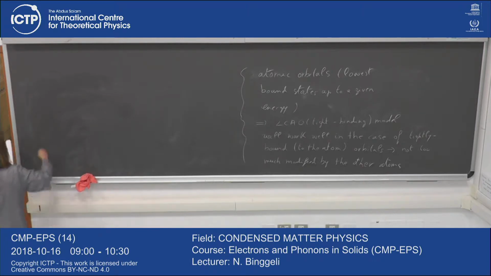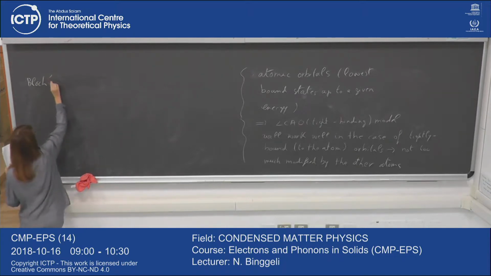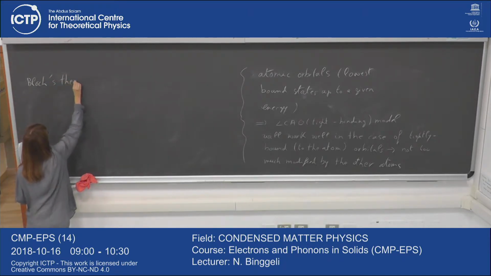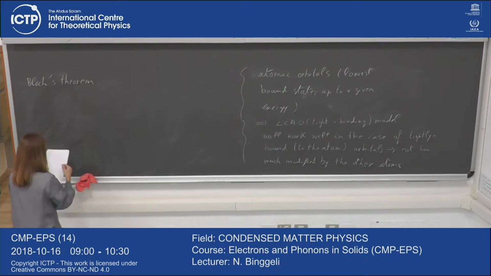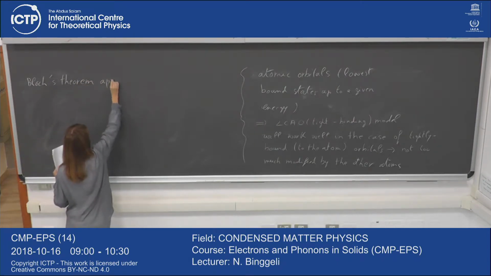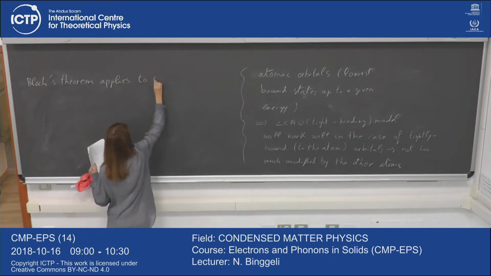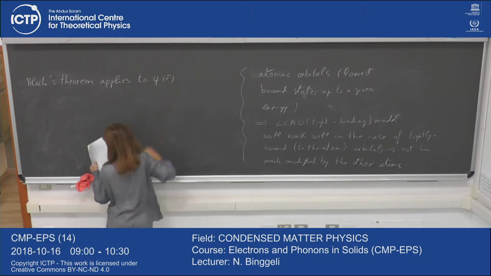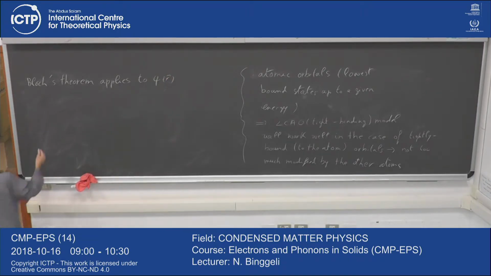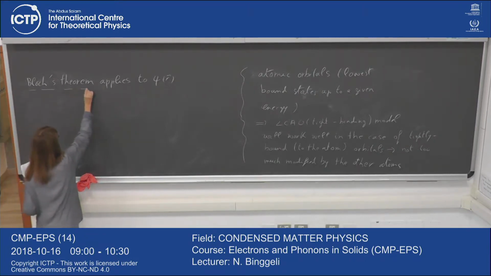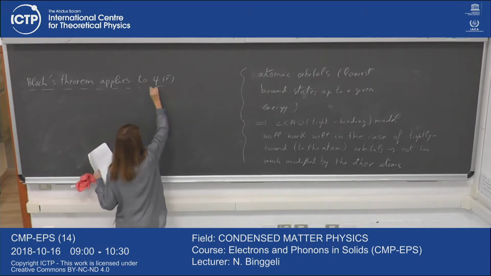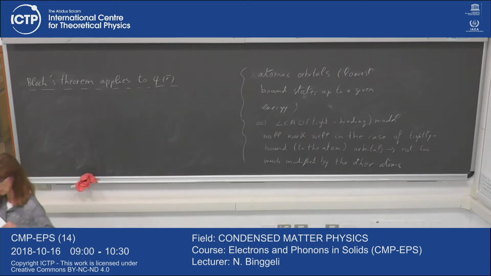So the Bloch theorem applies to my state psi(r) that I wrote as a linear combination of selected atomic orbitals, that is, those up to a certain energy, the lowest states up to a certain energy.